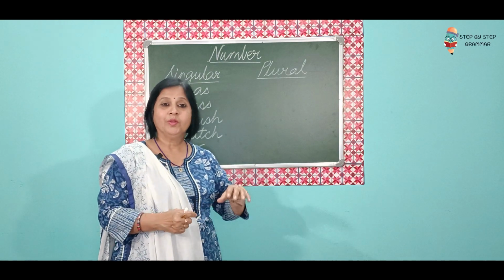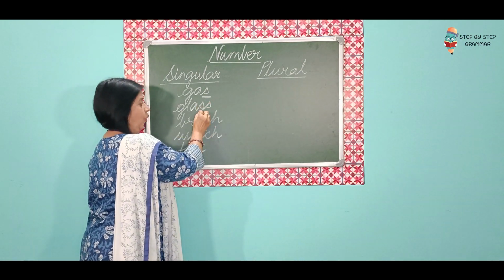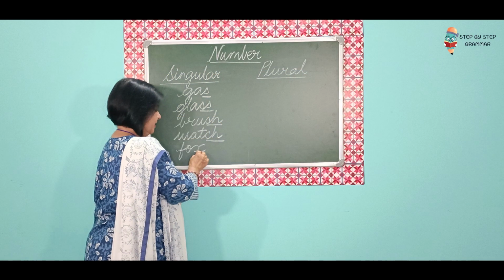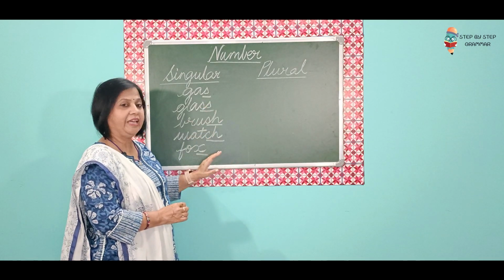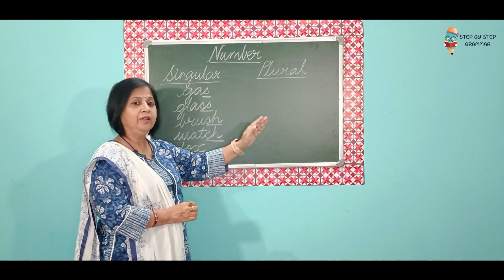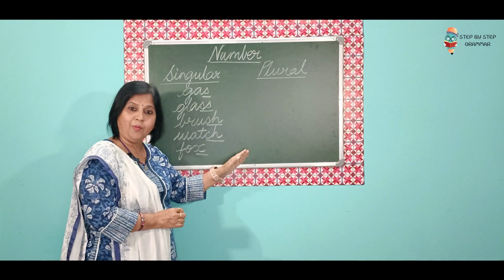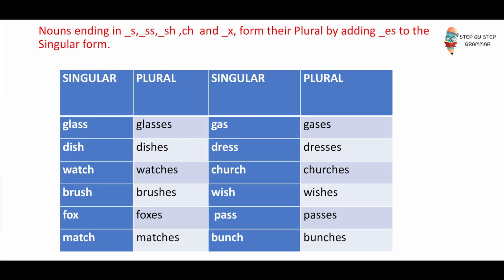The next rule: nouns that end in s or double s, ss, or sh, or ch, or x. Singular nouns that end with all these endings form their plural by just adding es to the singular form. So, gas becomes gases. Easy.